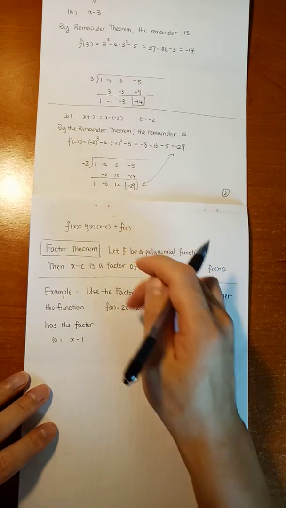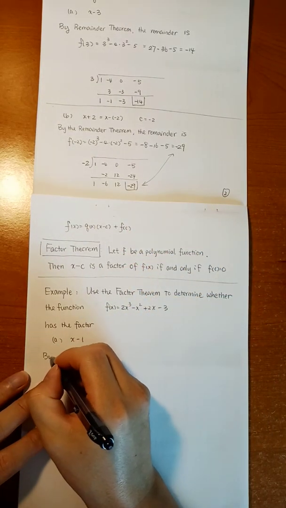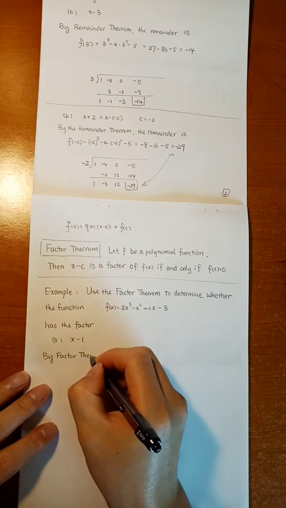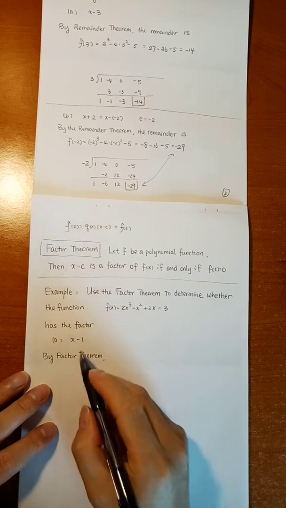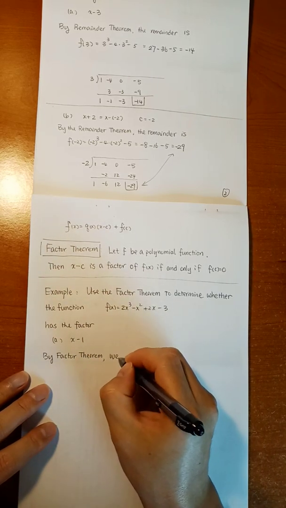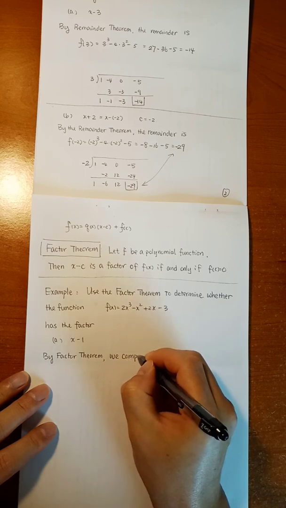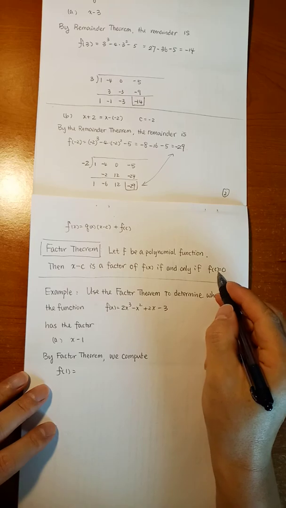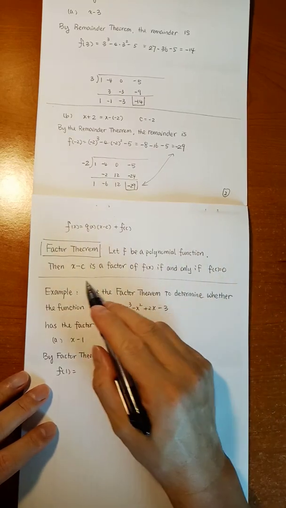Then by the factor theorem, in order to determine if it is a factor or not, we compute f of 1. We check the value of f of 1, f of c.